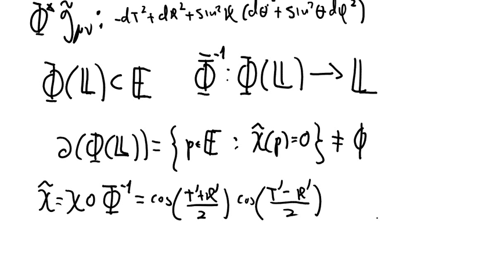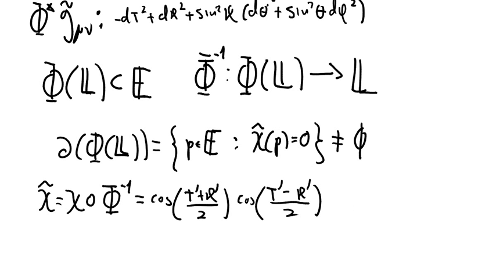And so we need to find the set of zeros of this chi tilde function. Now remember the T prime and R prime live in the Einstein static universe. So this is going to be a subset of the Einstein static universe.